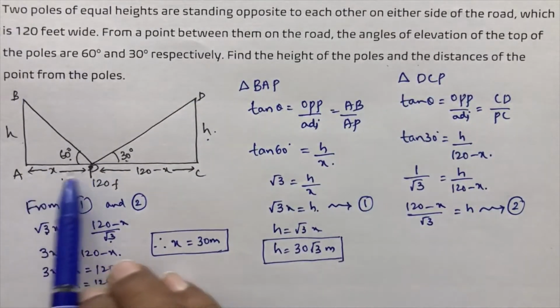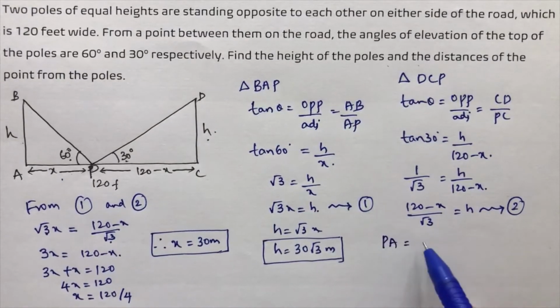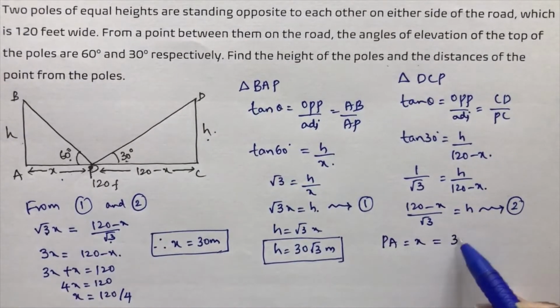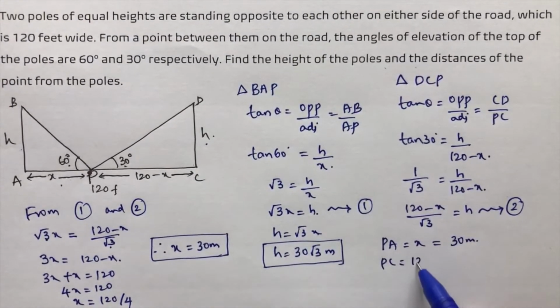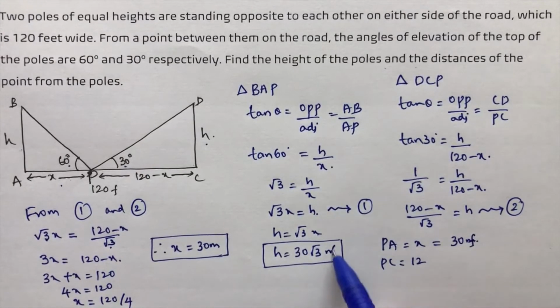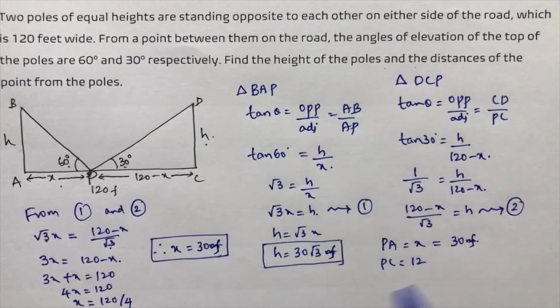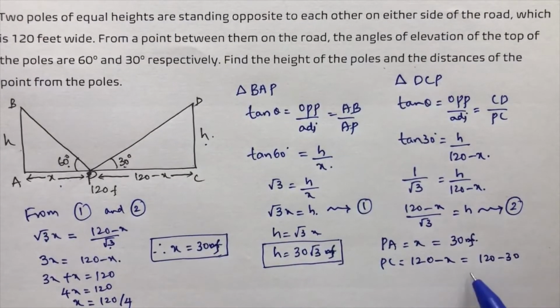See, first one is PA. PA is x, which is 30 meters. Sorry, it is in feet, so write feet. PC is 120 feet minus x, so 120 minus 30, which is 90 feet.